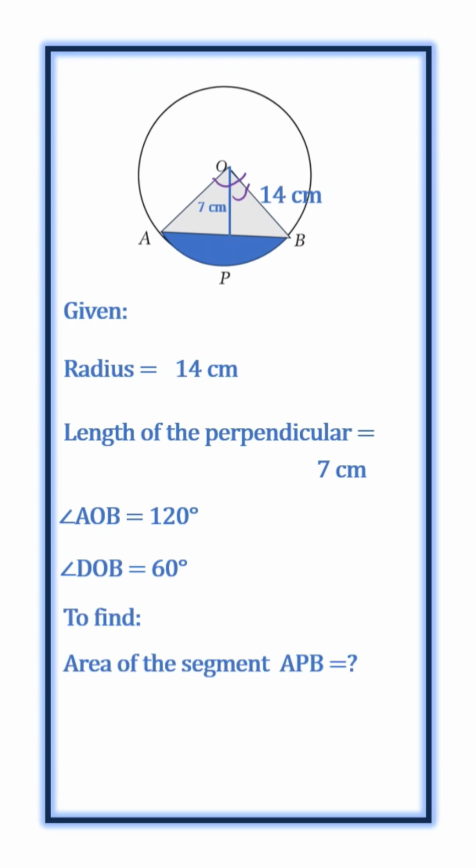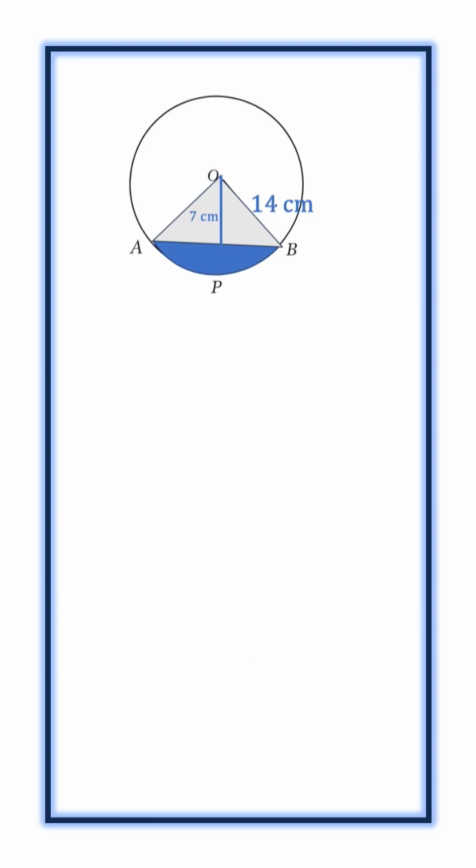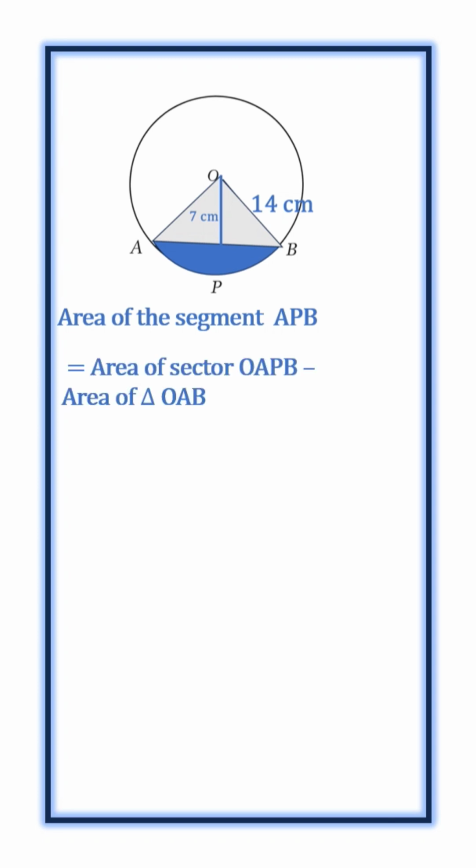Area of the segment APB is equal to area of the sector OAPB minus area of the triangle OAB. Area of the sector formula is theta by 360 into pi r square. Here we know the value of theta, that is 120, and the radius is 14 cm.